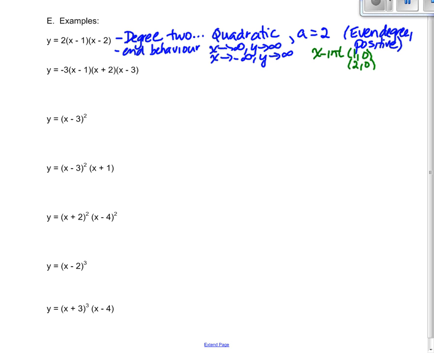y equals negative 3, x minus 1, x plus 2, x minus 3, again in factored form. I know that my leading coefficient is negative 3, and I have a cubic. So this is an odd degree, an odd degree polynomial that's negative. So from my chart that I keep at my fingertips night and day, I know my end behavior.